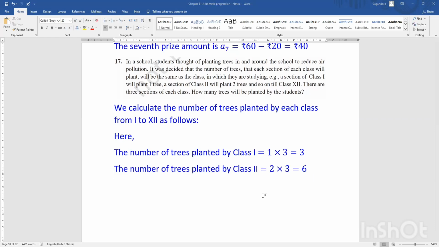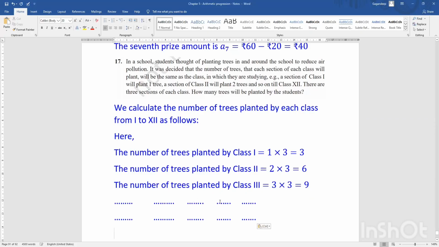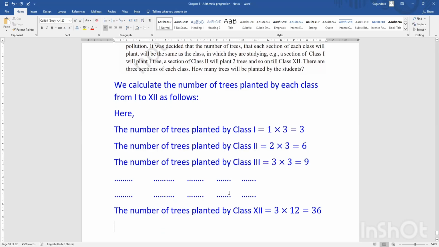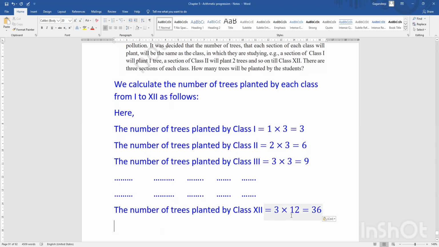And then the number of trees planted by class 3 will be 3 into 3, which is 9. And then we need to find out till class 12, right? So the number of trees planted by class 12 is 3 into 12, which is 36.